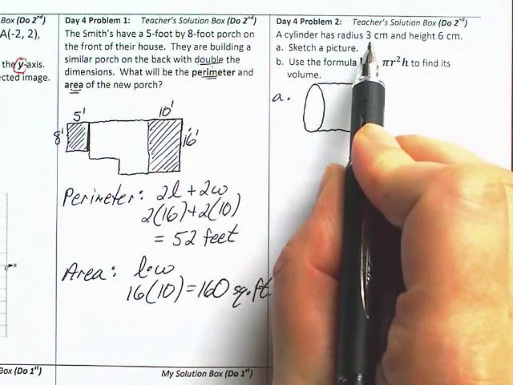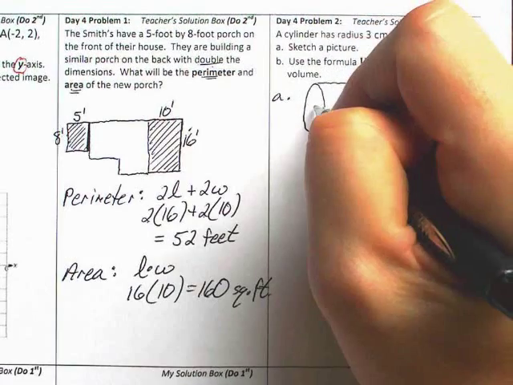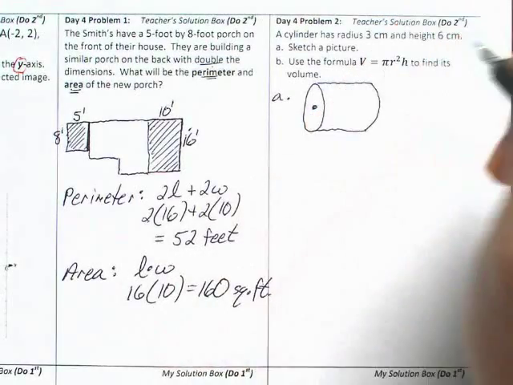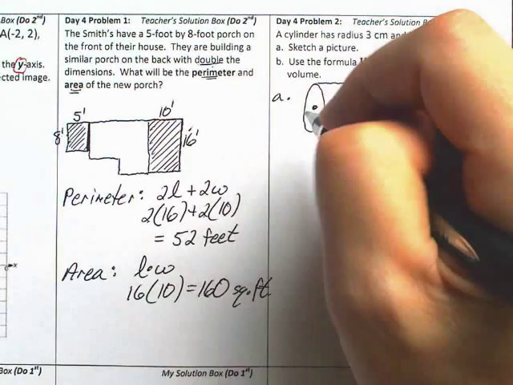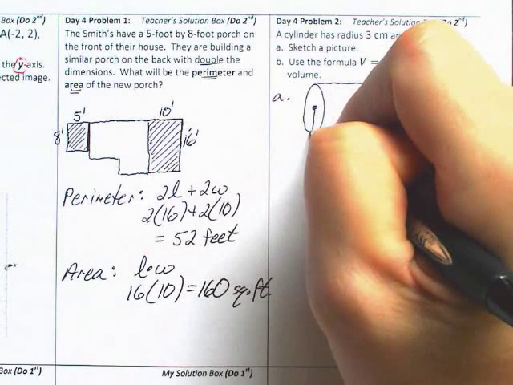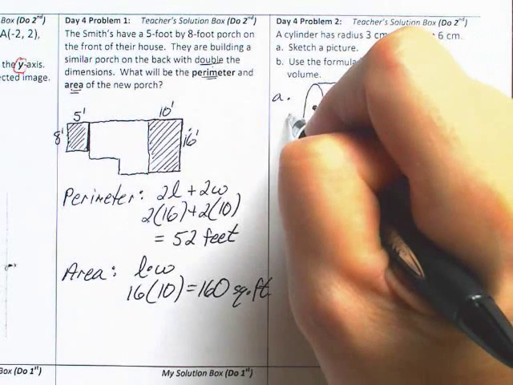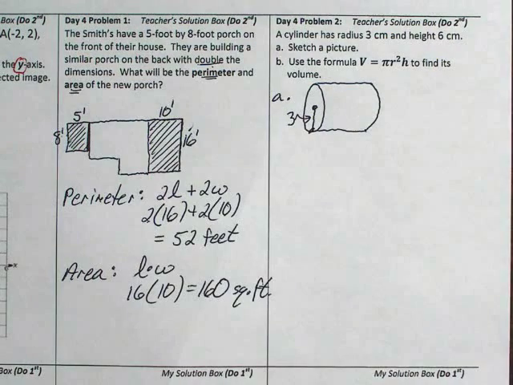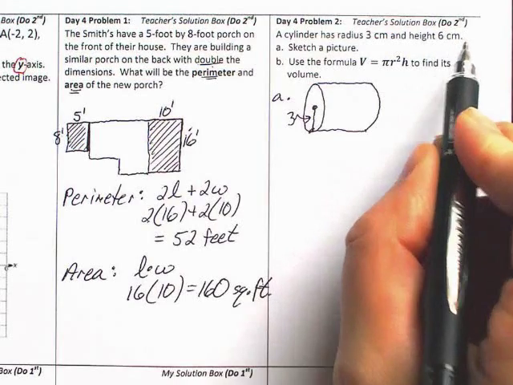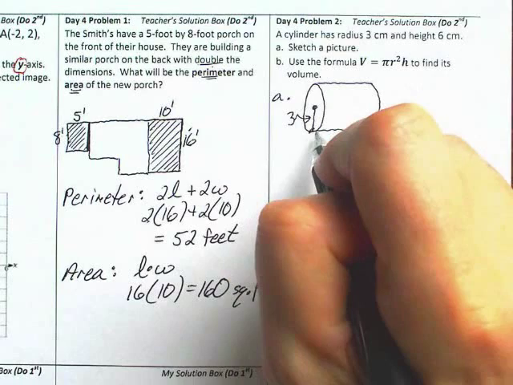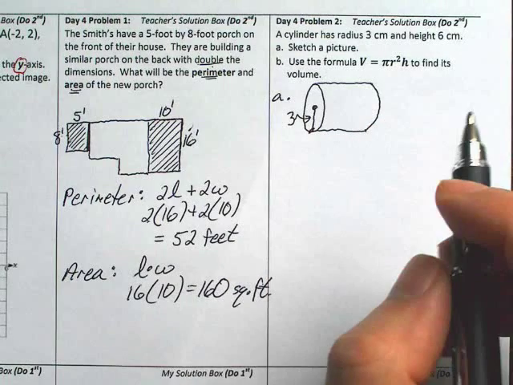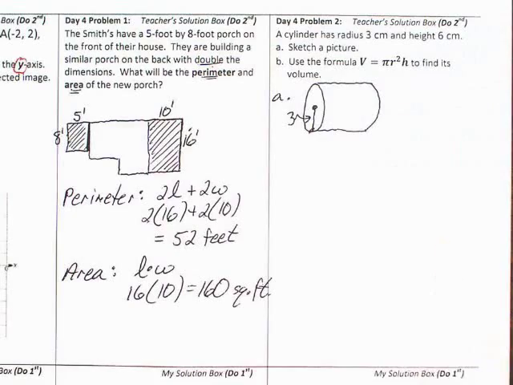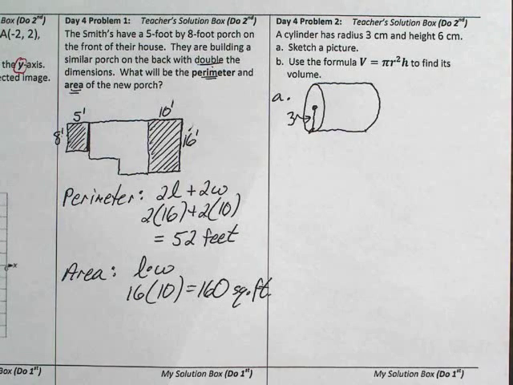It says that the radius is 3 centimeters. So if we put a dot in the center of the circular base and then connect to the edge of the cylinder, that distance is the 3 centimeters. And the height of the cylinder is 6 centimeters. And so height doesn't always mean up and down when you have three-dimensional objects, right?